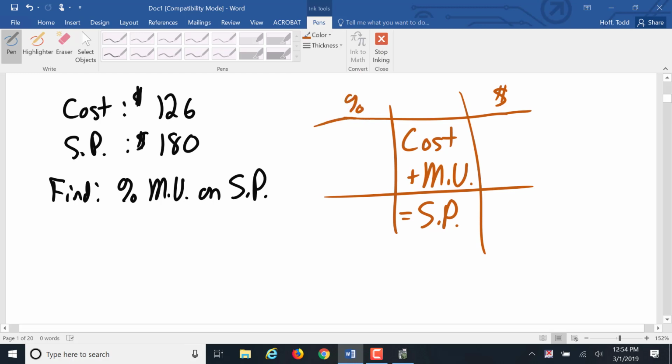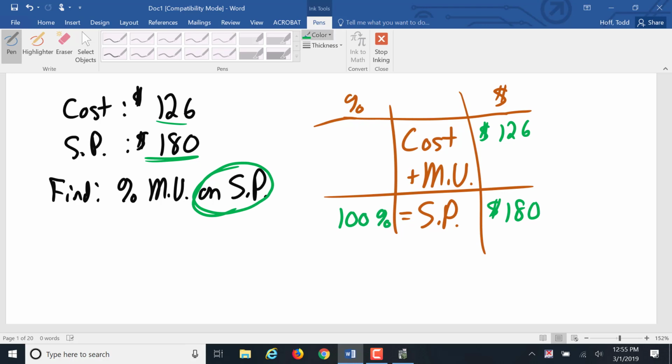The information we have: $126 cost. On the dollar side, $126 goes with the cost. $180 selling price. On the dollar side, $180 goes with the selling price. Now, again, it looks like that's all the information we have, but we're asked to find the percent markup on selling price, which implies, once again, the 100% goes with the selling price.